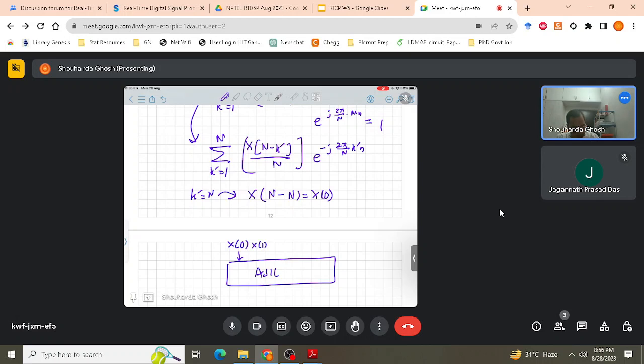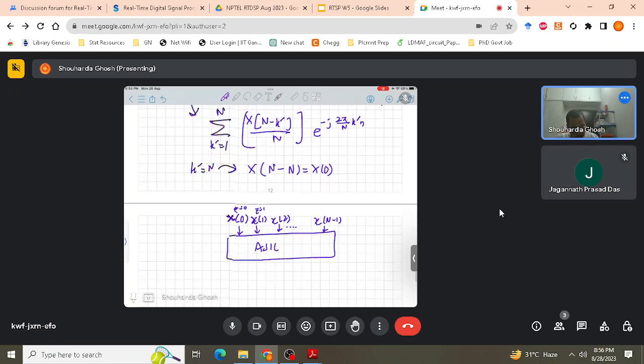X of 0 is the signal, then X of 1, X of 2, till X of N minus 1, and it was multiplied by e to the power 0, and so on, all these things are there.